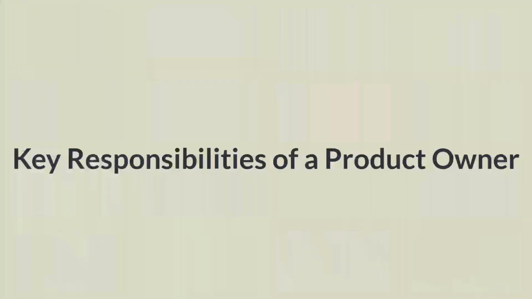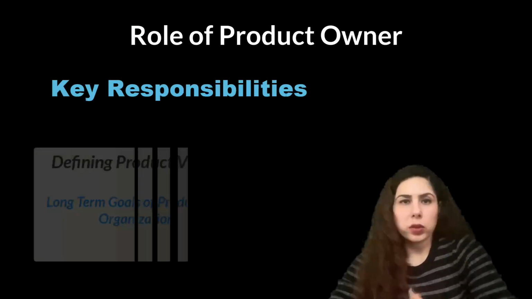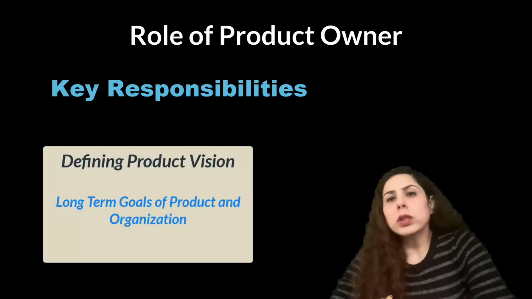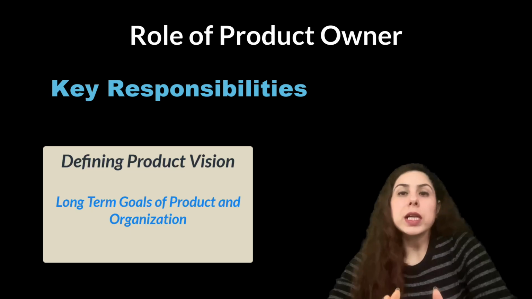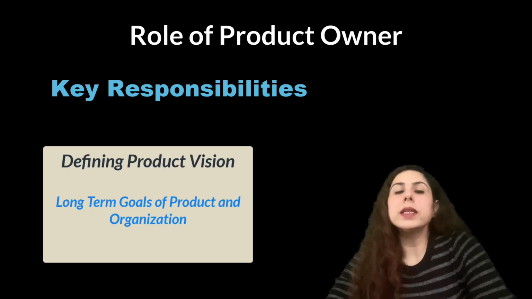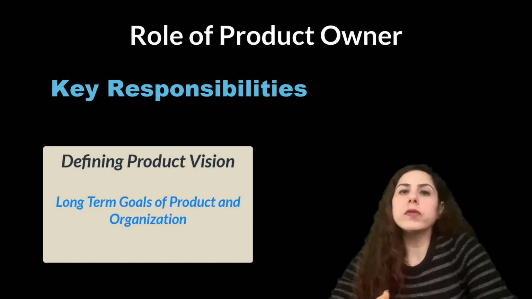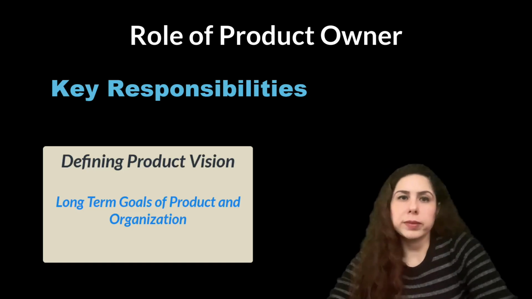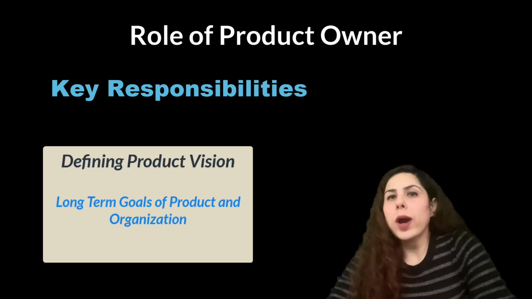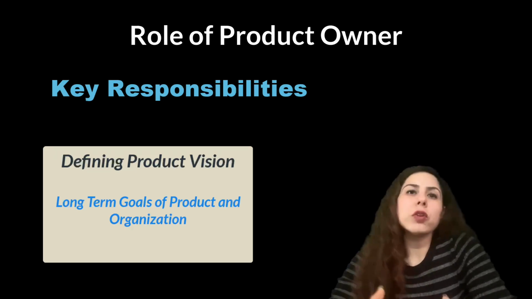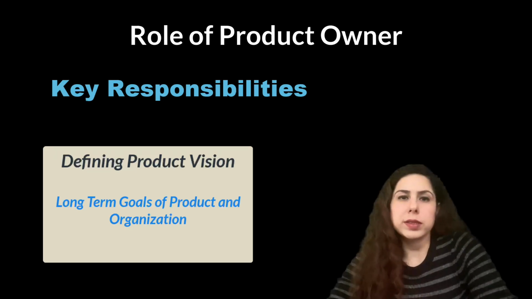Now, let's talk about the roles and responsibilities of a product owner. The key responsibilities of the product owner include defining the product vision. The product owner is responsible for setting a clear vision for the product, that is where the product is heading and what the long-term goals are for the product and the organization. This vision provides direction and inspiration for the team and the stakeholders.